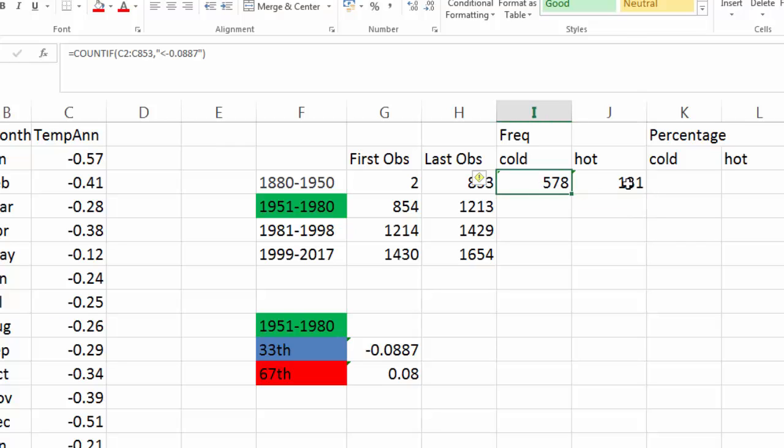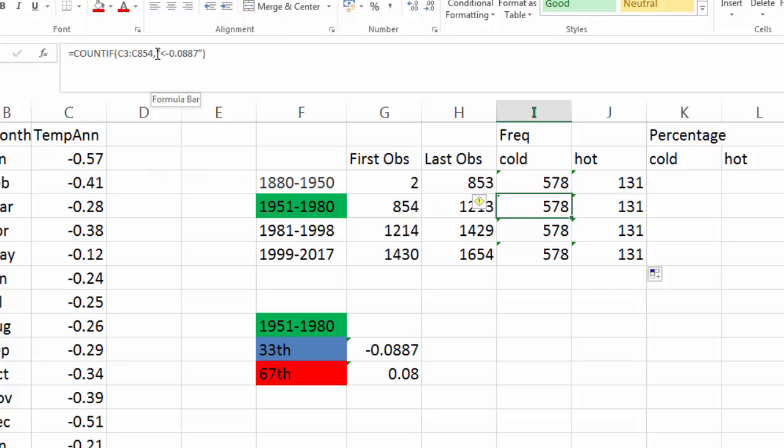So what we now do is we just copy these cells down because the criteria are exactly the same, but we now have to go to these three other subperiods and change the data references. So let me do that here.